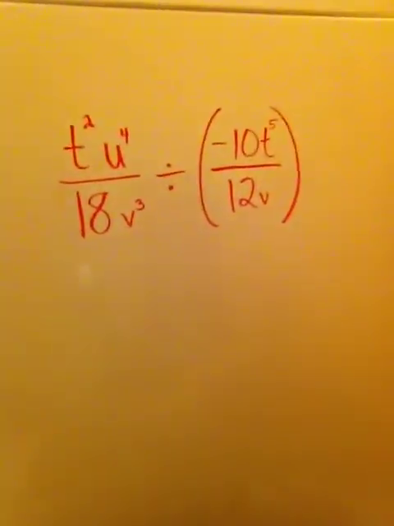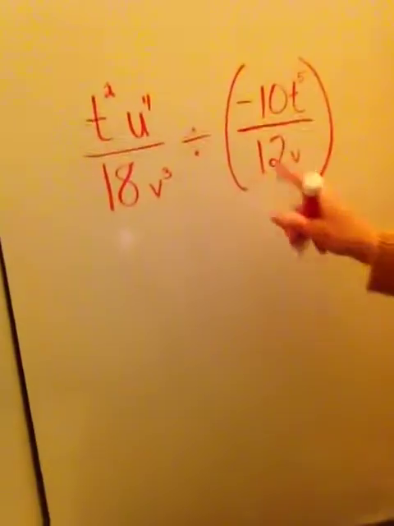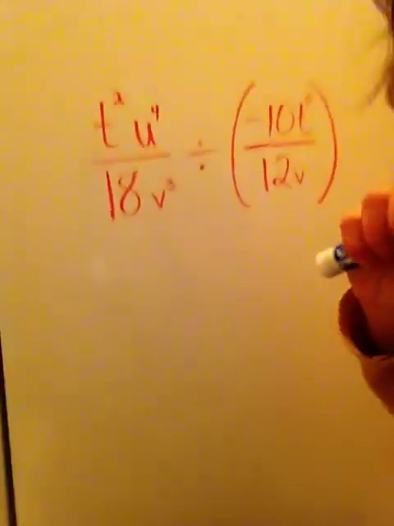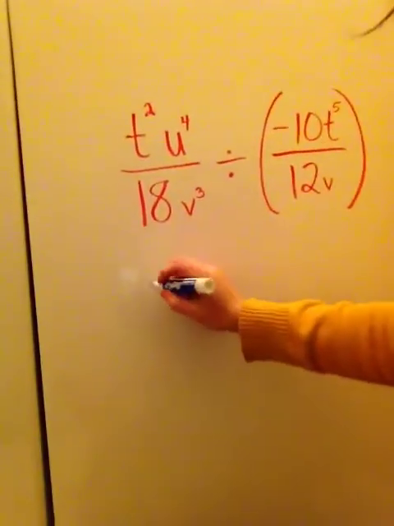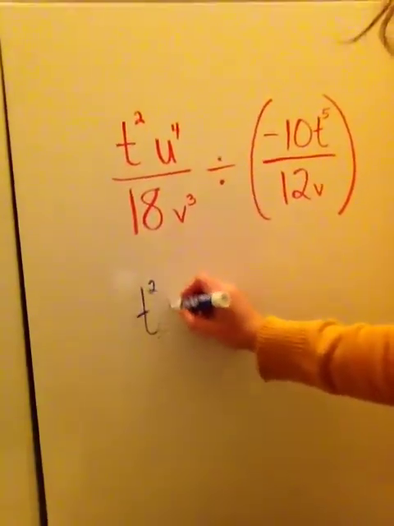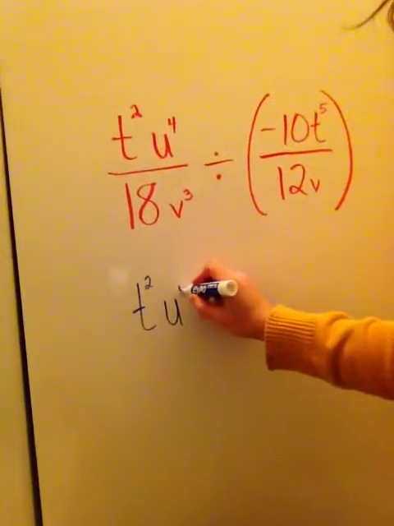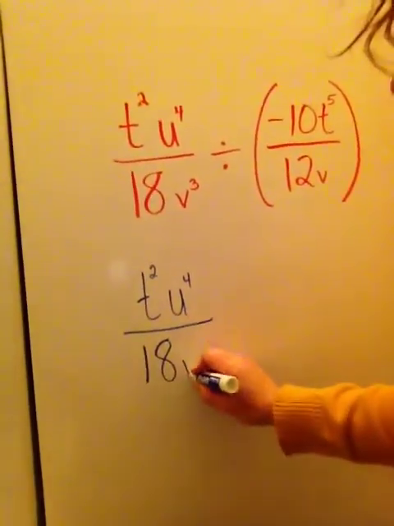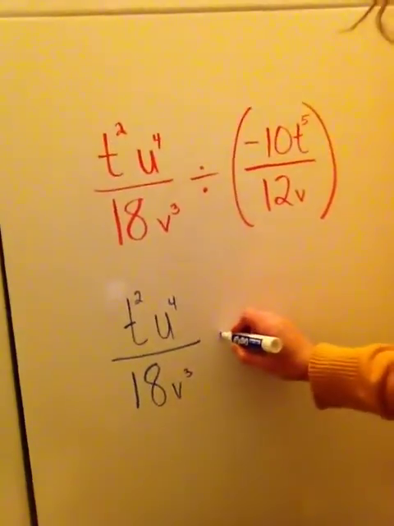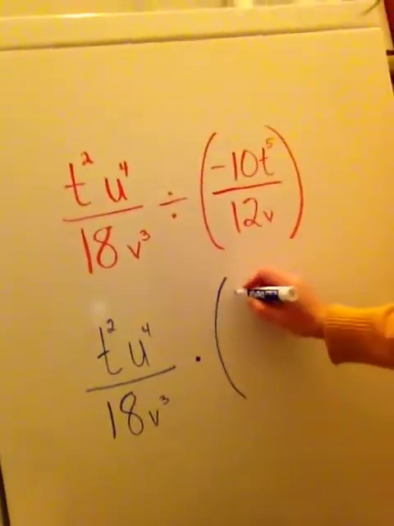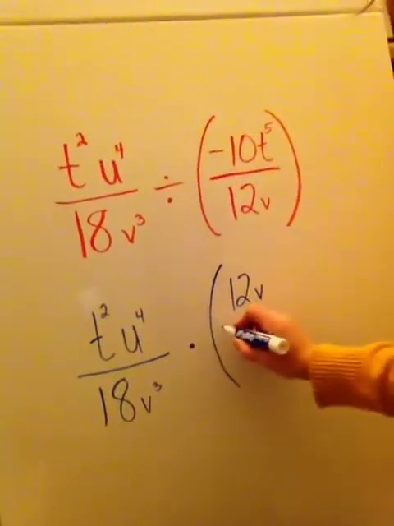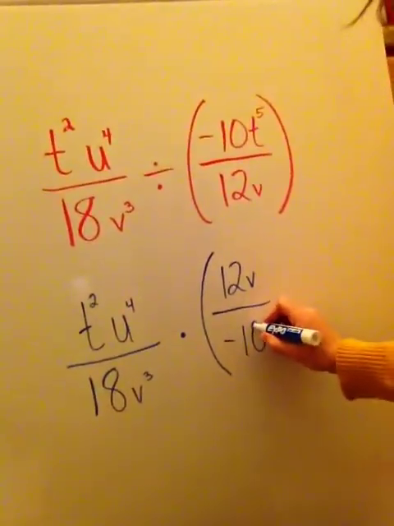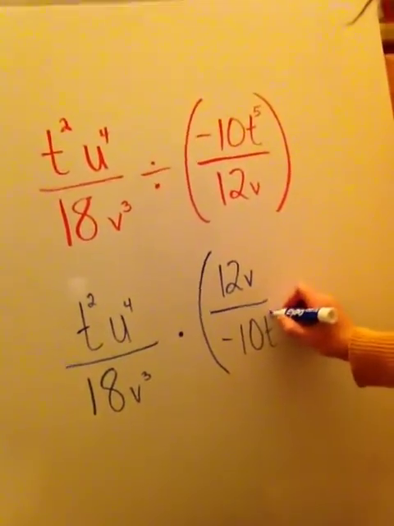First thing, fractions and division: don't do it. So I change to times by the reciprocal. I write the first fraction the same, then times by the reciprocal. So 12v goes on top, and negative 10 t to the fifth goes on bottom.